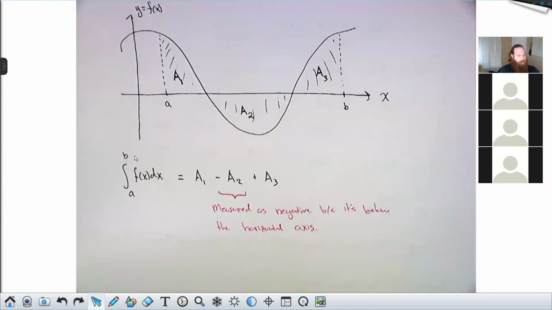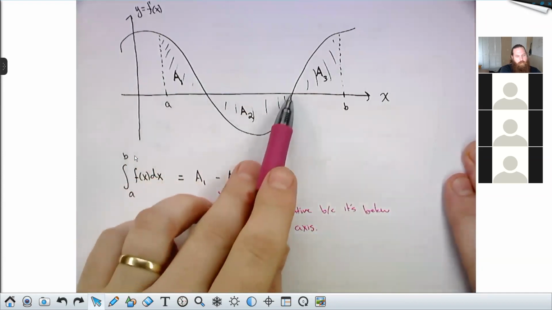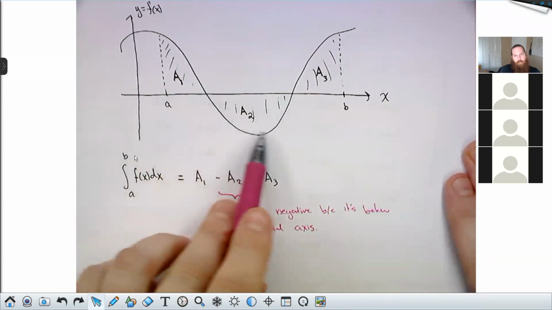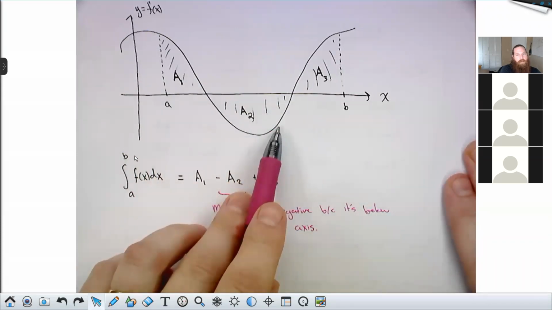So the values of the function here are all negative, which means the contribution to your Riemann sum from any rectangle that comes from this piece would be negative because the f of xi's there would be negative.